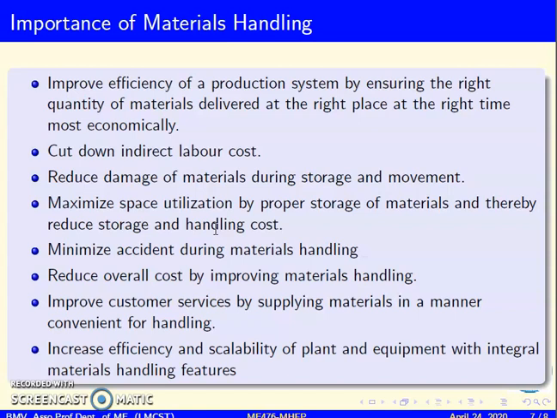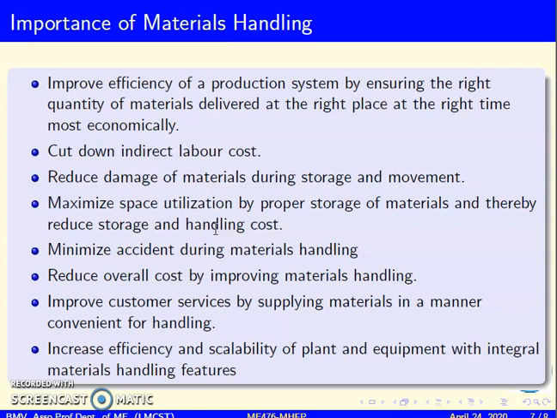So different workstations will be there and the material will pass through all these workstations as per the processing sequence. From the storage location, the material will first be taken to the first processing unit. There a part of the operations will be completed and from there it will be taken to the next processing unit.